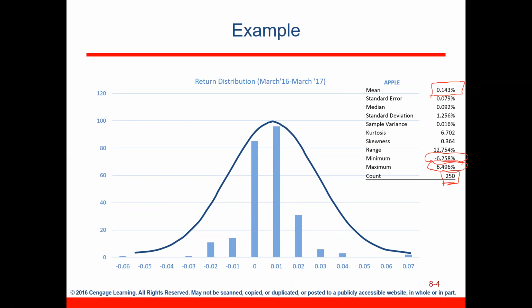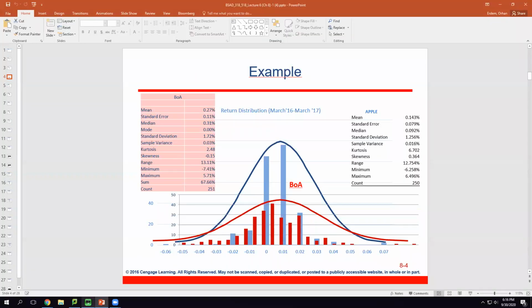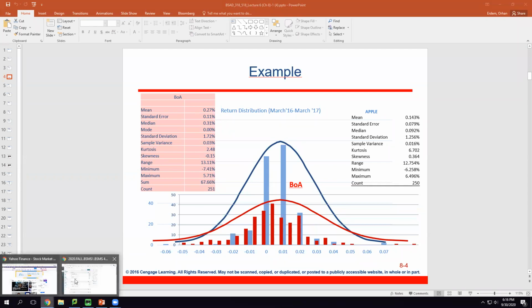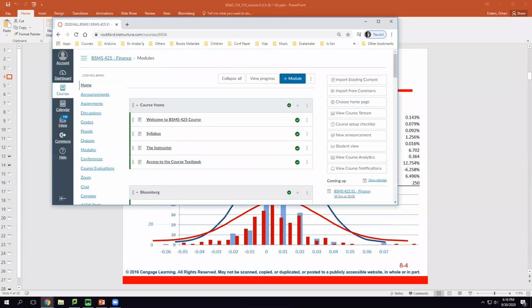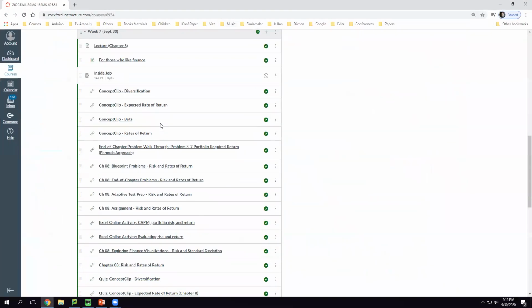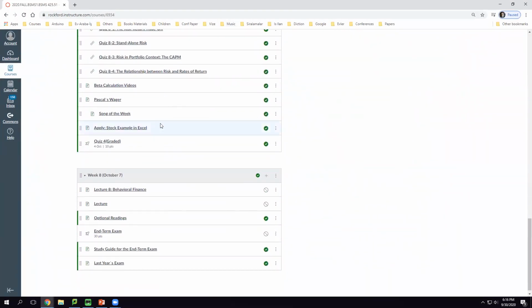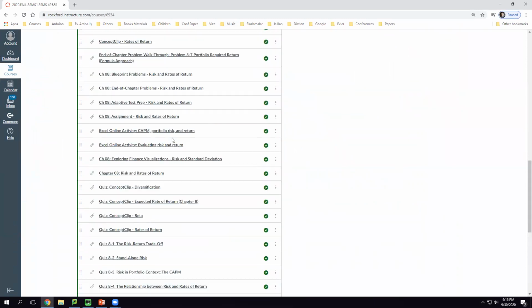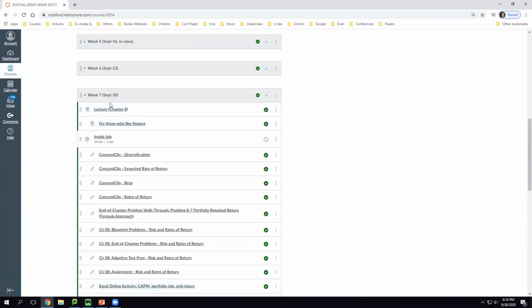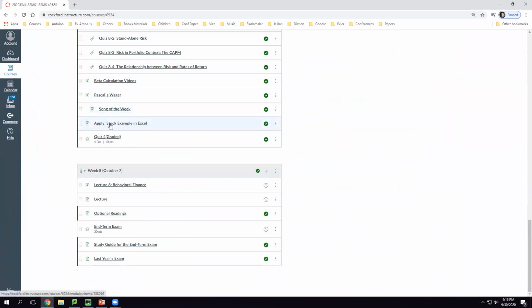So let me show you how to put these numbers together. Are you on the computer or are you on the phone? I'm on a computer. Perfect. So you can log into Canvas and you can do what I do. At the end of the week 7 module, there's something called apply stock example in Excel.